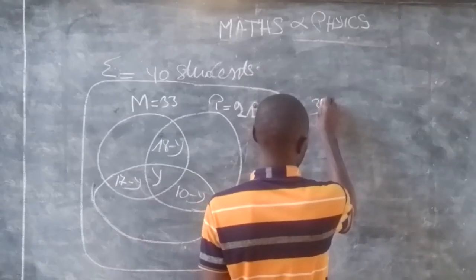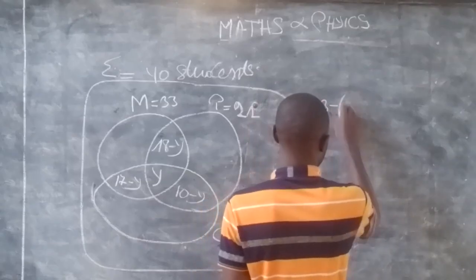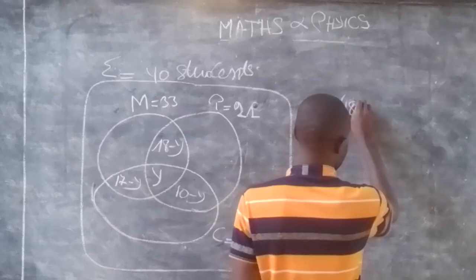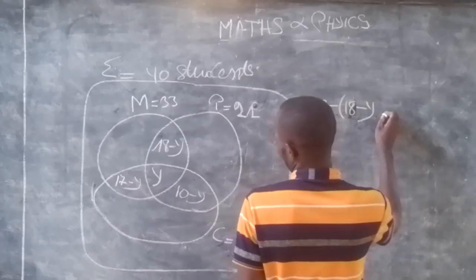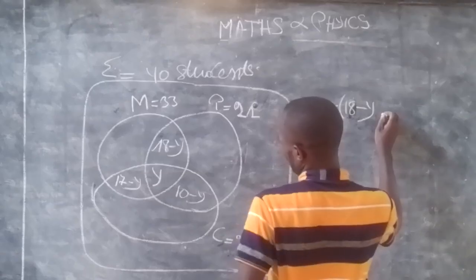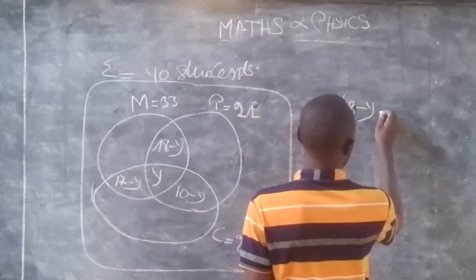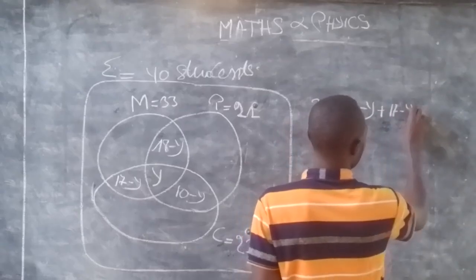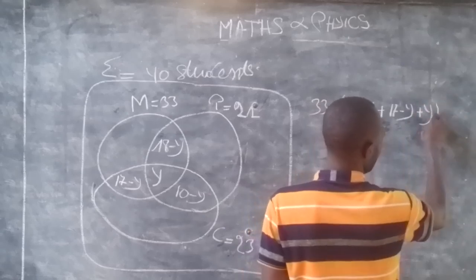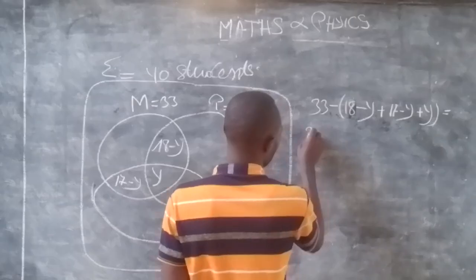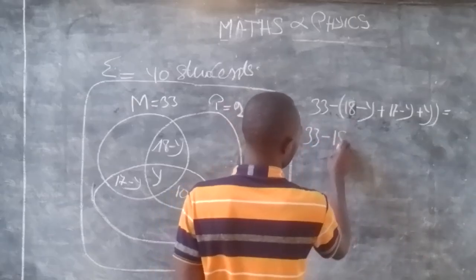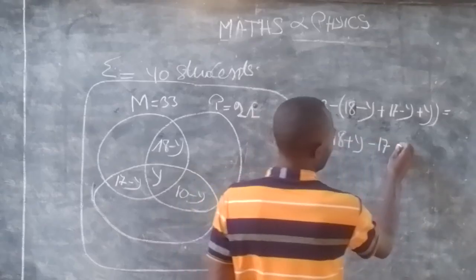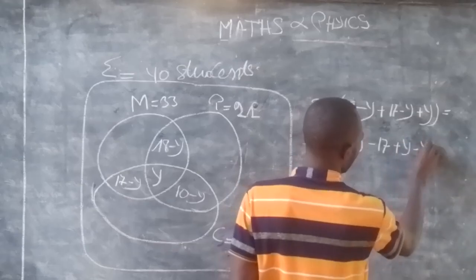33 negative 18 negative y negative 17 negative y positive y, equal to how many? 33 negative 18 positive y negative 17 positive y negative y.